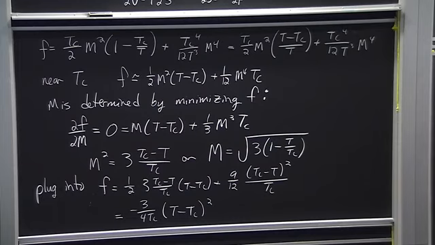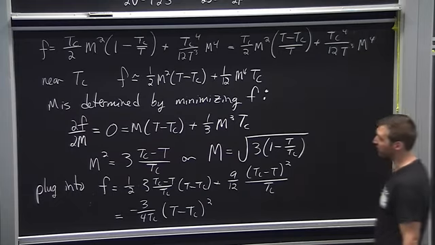Okay, so that's the value of the free energy at m, where m is the value of the order parameter that minimizes it.